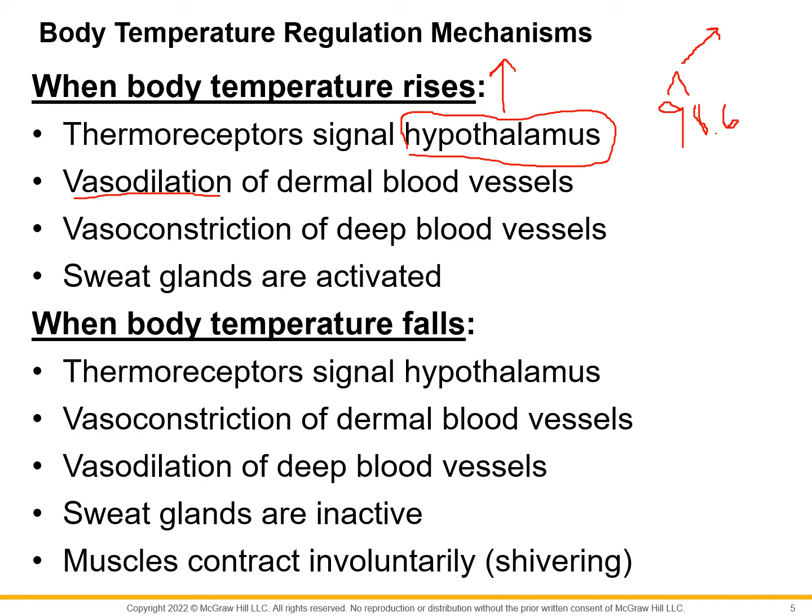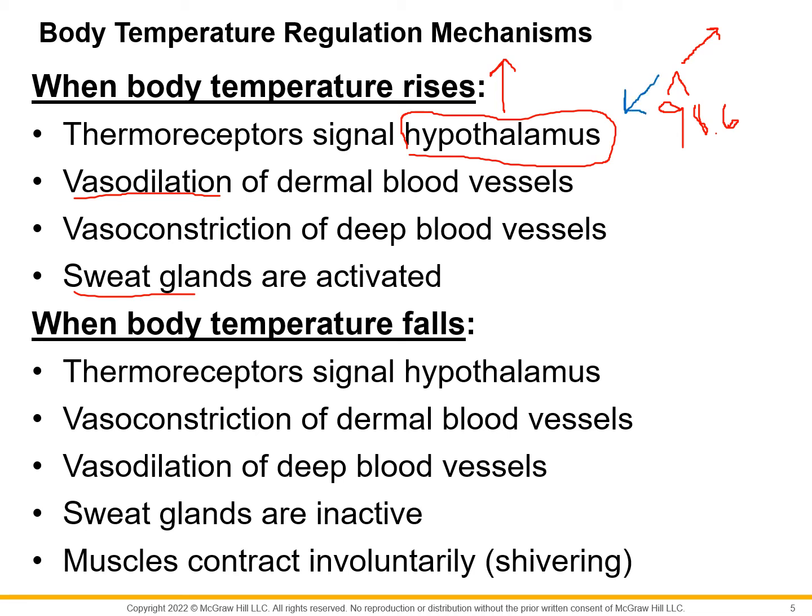And as that happens, the sweat glands are going to be activated, and they're going to produce this watery fluid called sweat on the surface of my skin. The heat is going to cause that water to want to change from a liquid to a gas, and in order to do that, it needs an energy source. So it pulls the energy from the heat of the blood that has been put up to the skin. It pulls the heat out of it. That cools you down.